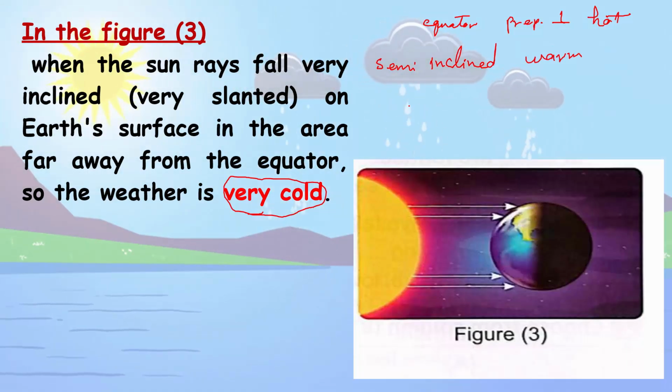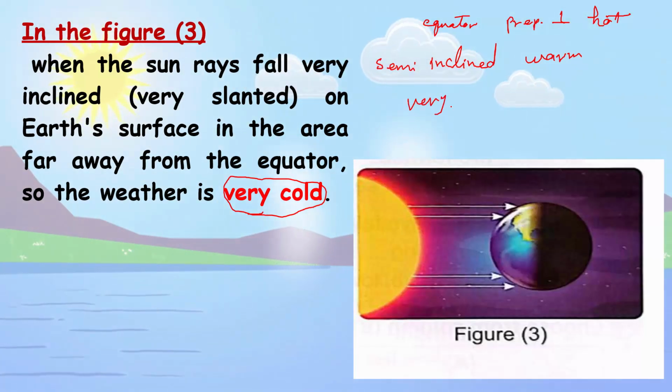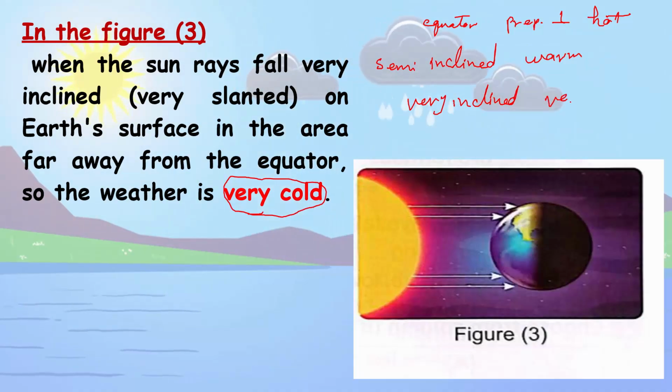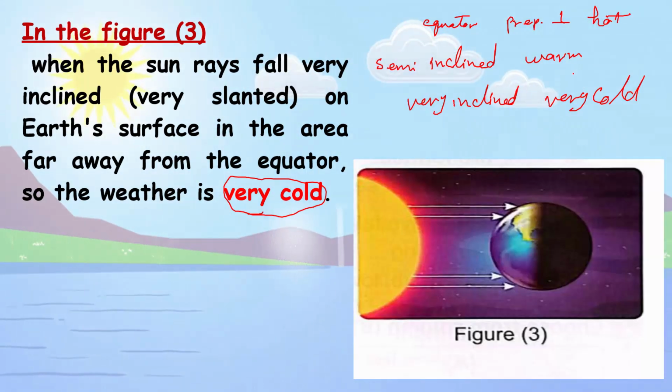Finally, at the poles, North Pole or South Pole, the rays are very inclined, so it is very cold. These are the three positions on which the sun rays fall on the Earth.